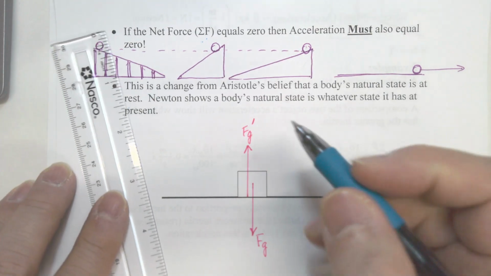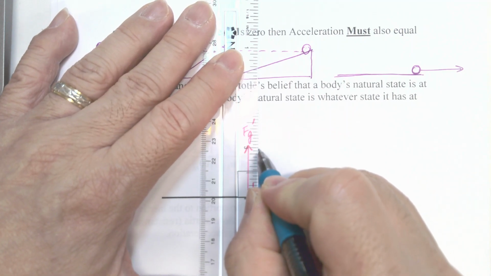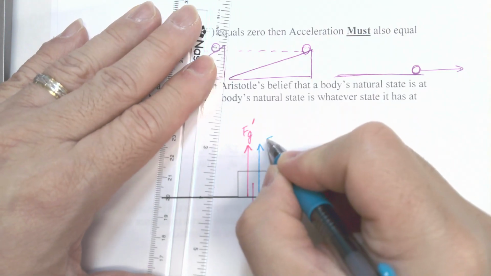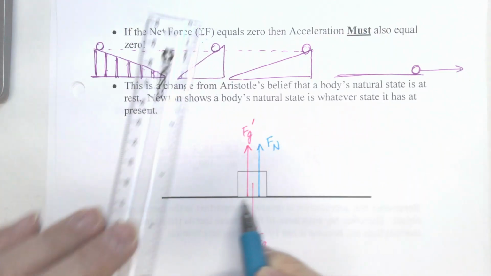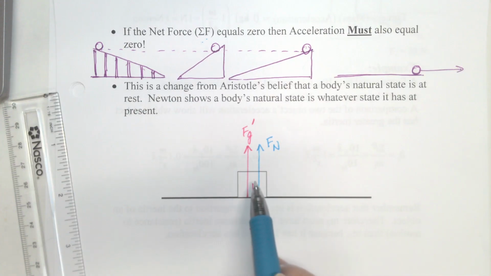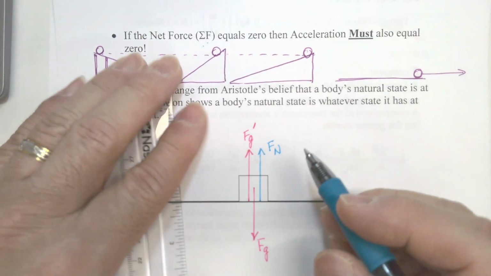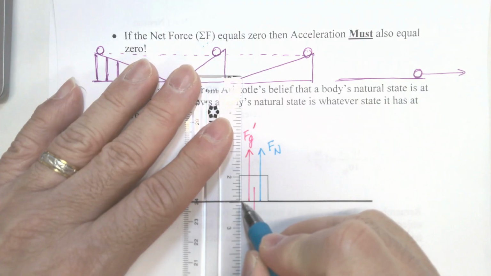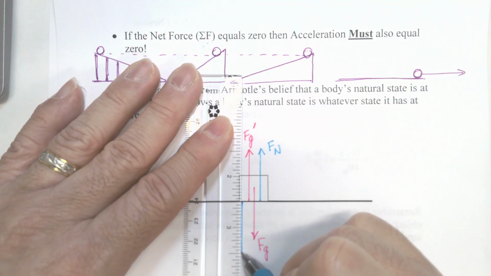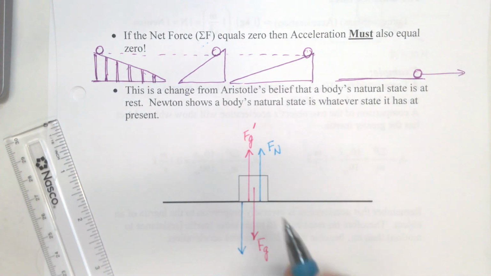We also have F normal. F normal is what the surface is applying onto this object. The surface has to apply force onto this object so that it stays on the surface. We also have F normal prime, which is this object applying force onto the surface.